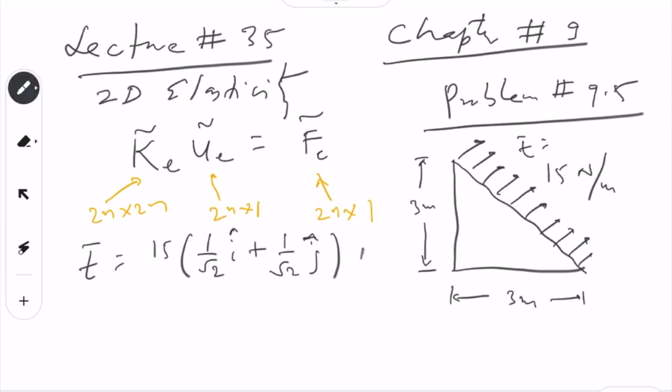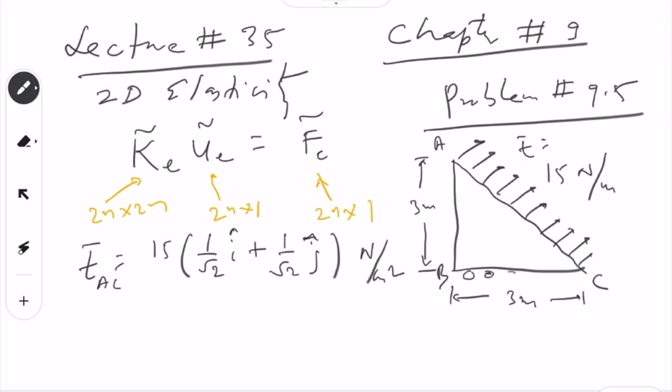This is in Newton per meter square. As per the problem, this is A, this is B, this is C, so this is T on AC. On AC only we have this traction; on the others we have different conditions.